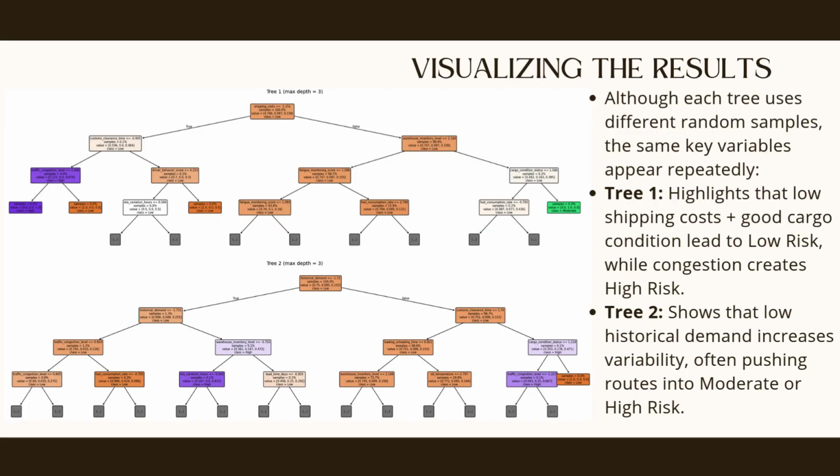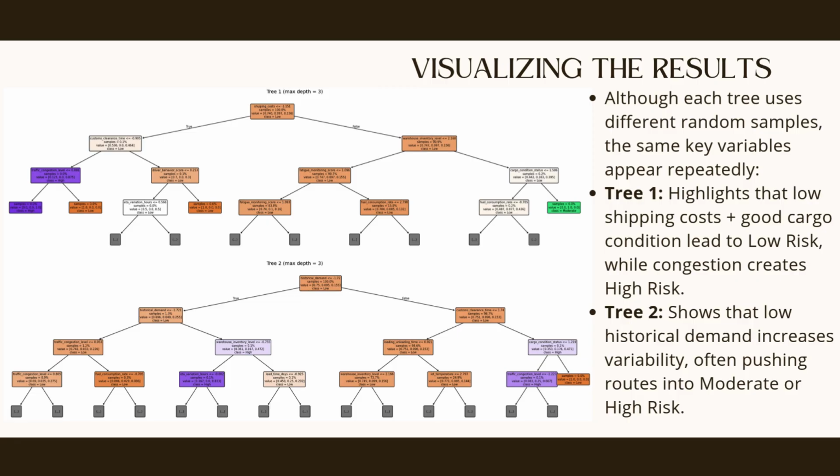Here we switch from a single tree to a random forest trained on the logistics data. This slide shows tree 1 and tree 2 with a maximum depth of 3, where each tree is trained on different random samples. Tree 1 highlights that low shipping costs together with good cargo condition usually lead to low risk.